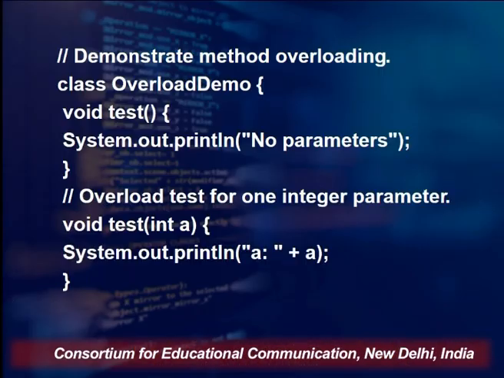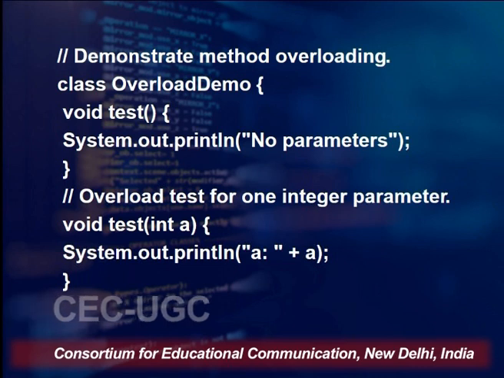Let us see this with the help of an example. In class I have taken one method which is void test, and please see that this test is not having any parameter, and within this test I have written system.out.println, no parameters.